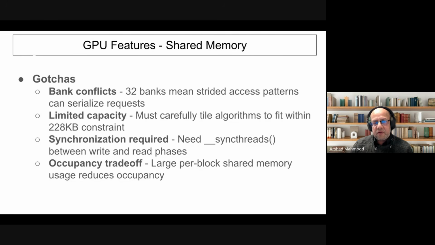Again, profiling tools will tell you what your occupancy is, and the issue is that if your occupancy is low, then not as much stuff can get done on that streaming processor because one of your blocks is using too much memory, and it means that other blocks can't get started because there's not enough memory to go around.